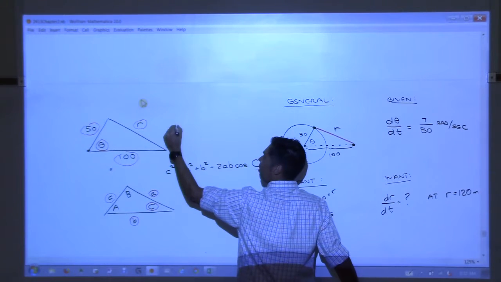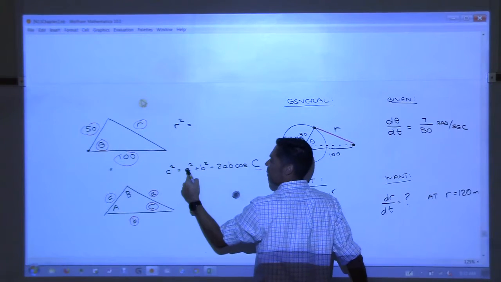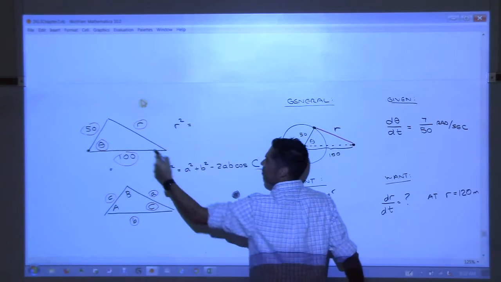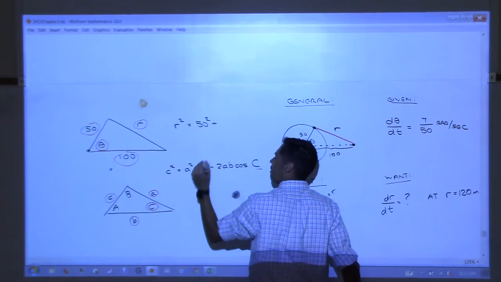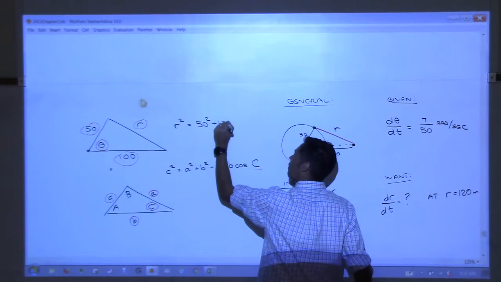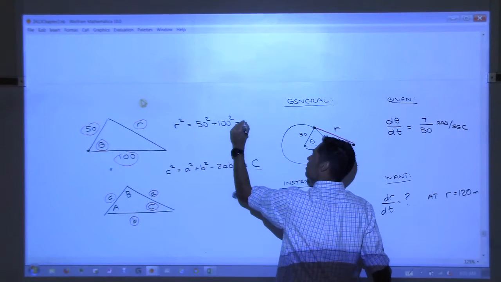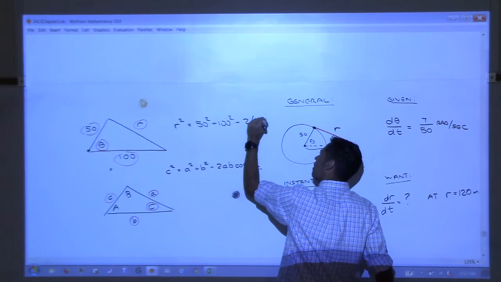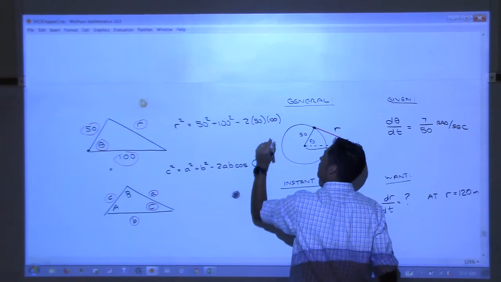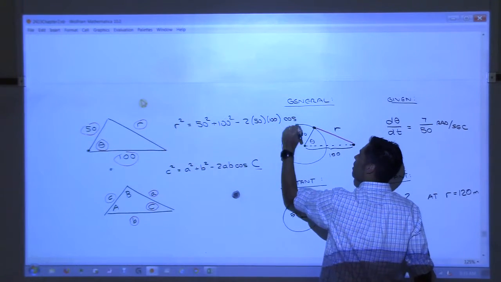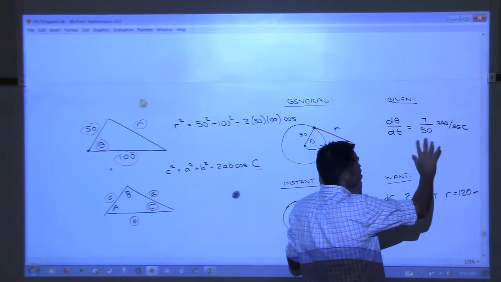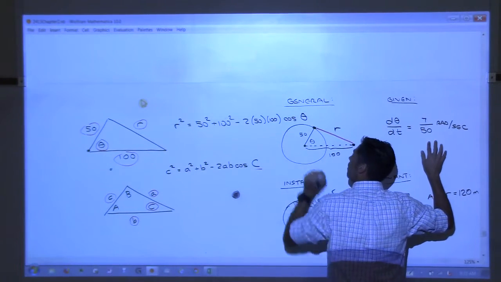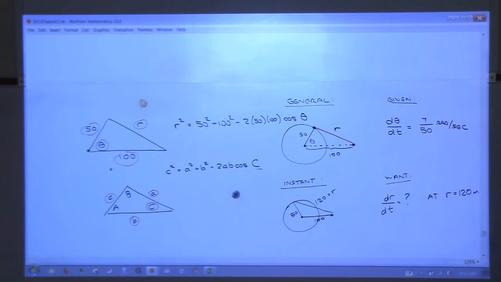So r squared equals, for a, we could use the 50, 50 squared plus b squared, which is 100 squared, minus 2 times 50 times 100 times cosine of, nope, can't hold it constant yet. It's just going to be cosine theta. That's our equation.